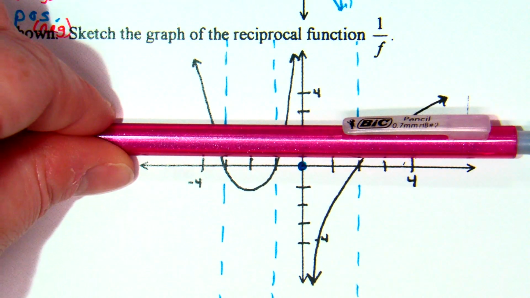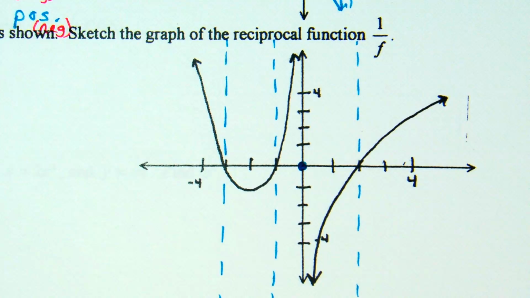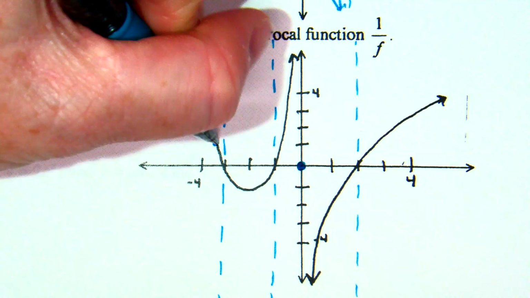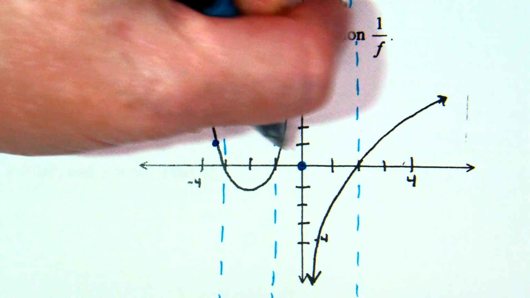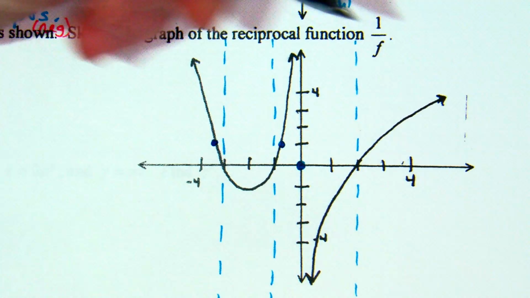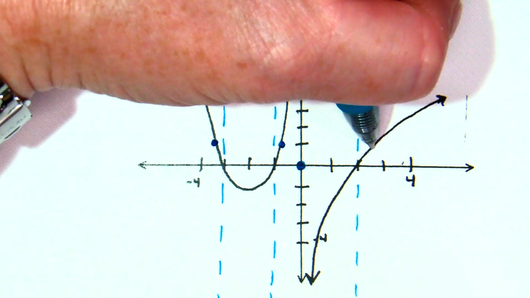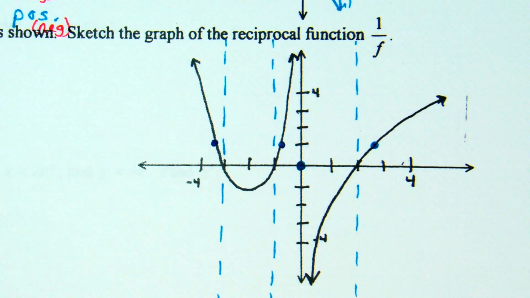I can go ahead and draw those points. So I have 2 here on the parabola. One that is just to the left of that asymptote, to the left of -3. One that is just to the right of the asymptote at -1. And then another one that is just past the asymptote at 2. So those will be points in my new graph.